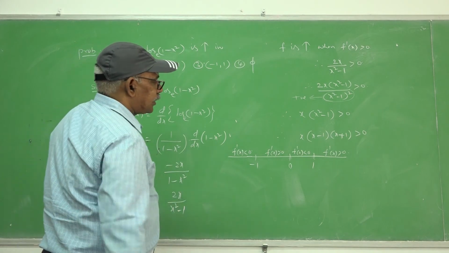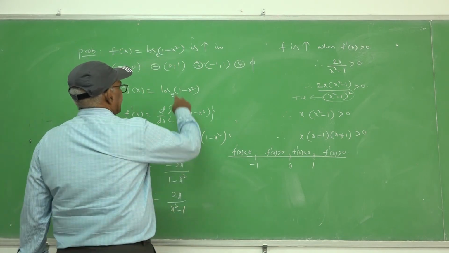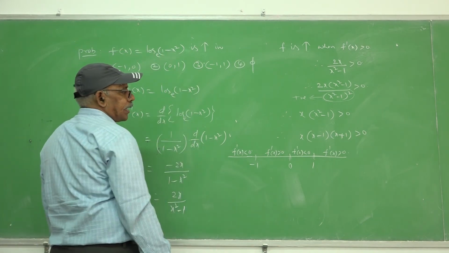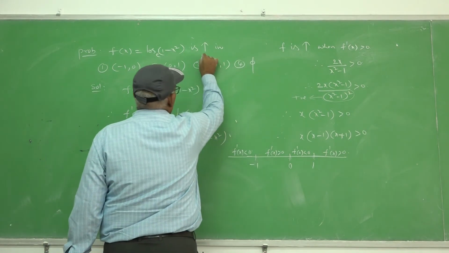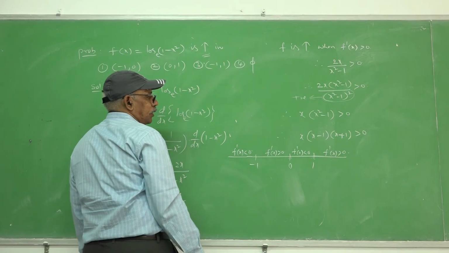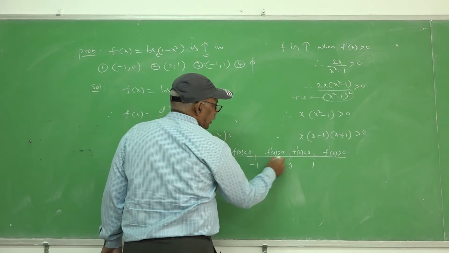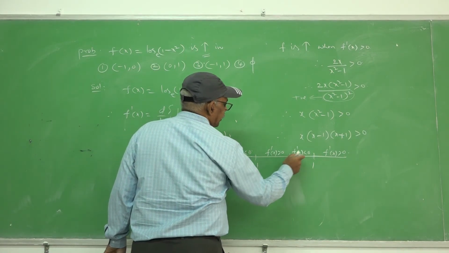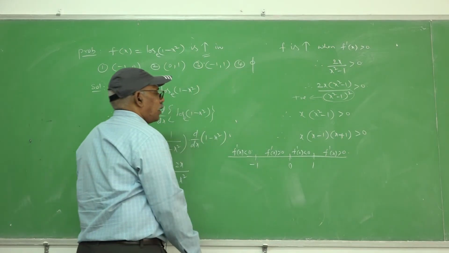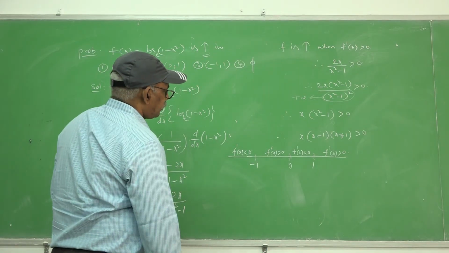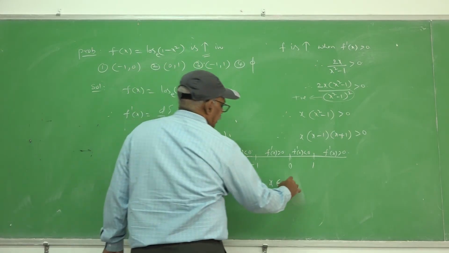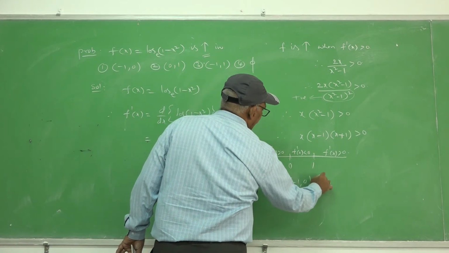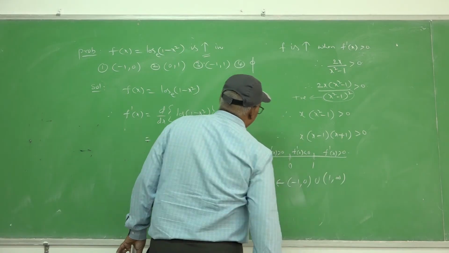So based on this, since f dash x is positive, it is valid only in case of minus 1 and 0 and more than 1. So therefore, x belongs to minus 1 comma 0 union 1 to infinity.